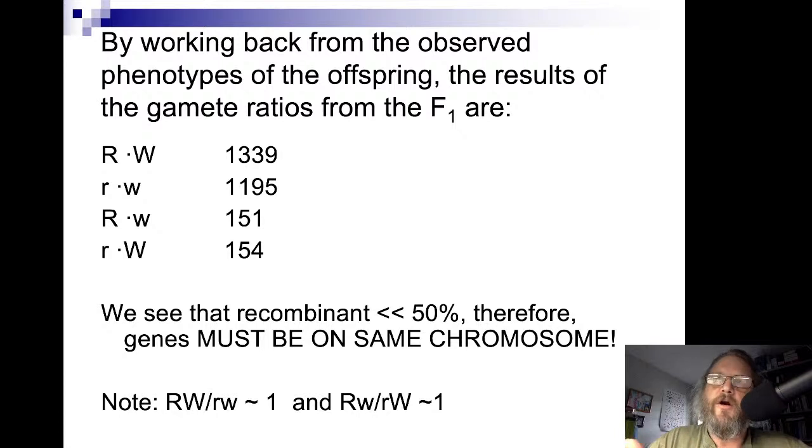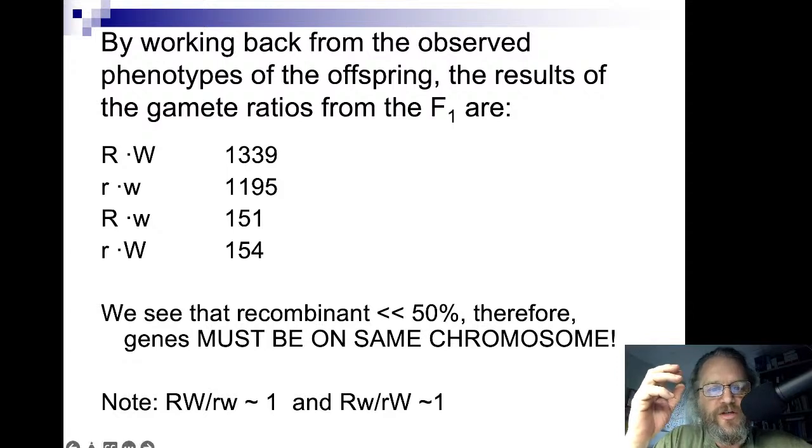Because remember, our null hypothesis would be independent assortment, the idea that the two genes are on different chromosomes, and so therefore the recombination frequency would be 50%. And oh, by the way, you wouldn't be able to tell which are the recombinant types. All you would be able to see is that these are roughly 25%, 25%, 25%, and of course 25%.